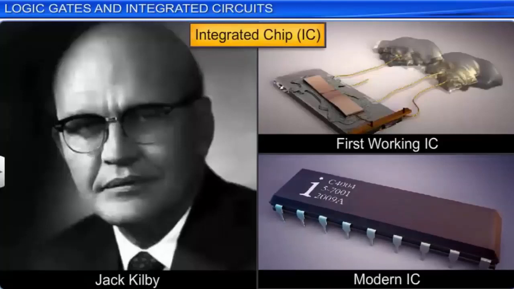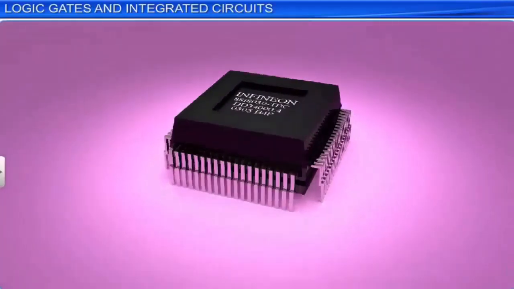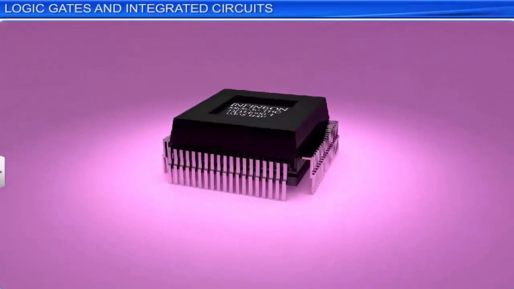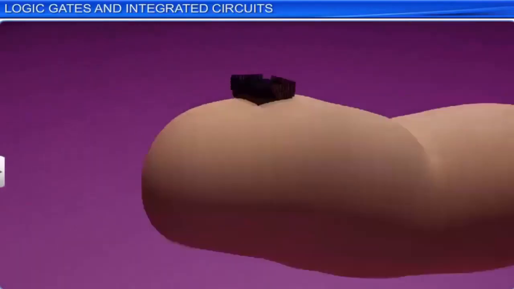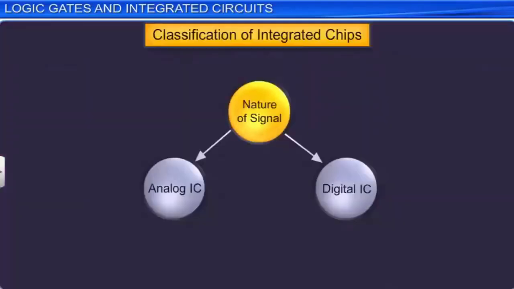The invention of ICs revolutionized the development of digital electronics, allowing increasingly complex circuits to be built onto increasingly smaller single semiconductor chips. Depending on the nature of the signal it can process, an IC can be an analog IC or a digital IC.